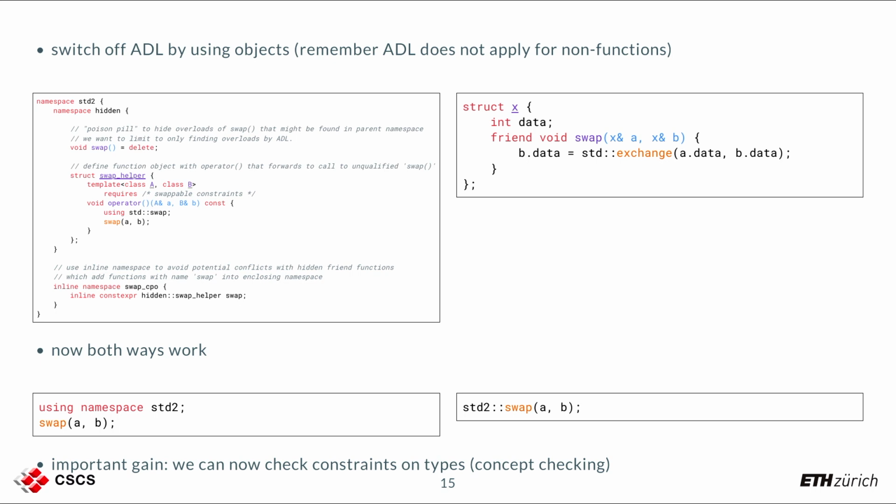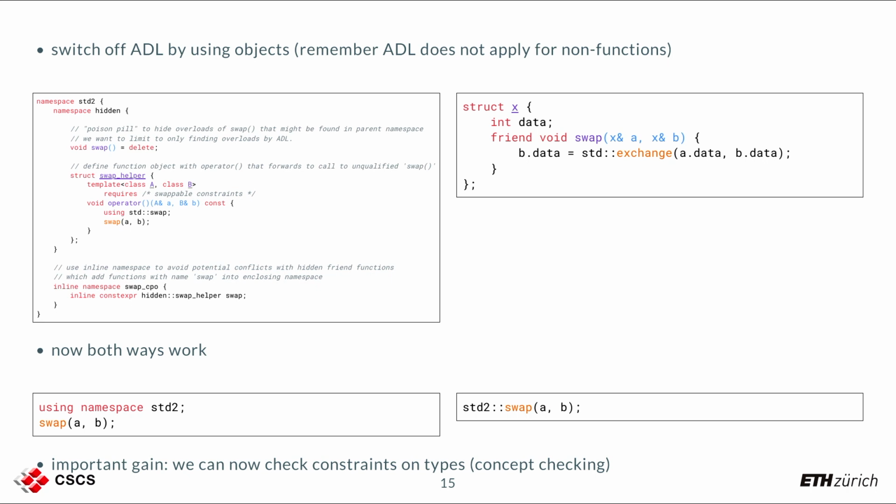But the function is no longer a free function, but is now a member function, and a special member function, the function call operator, of a class called swap helper, which can act on two types, A and B, on which you can check some concepts, if you want. We just saw the requires keyword before, so you can do checks which you couldn't do before.